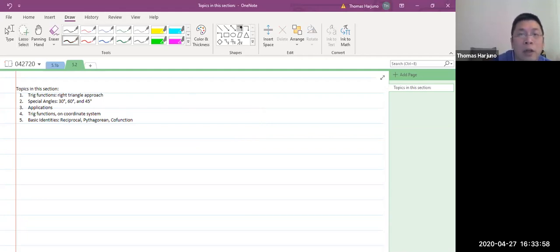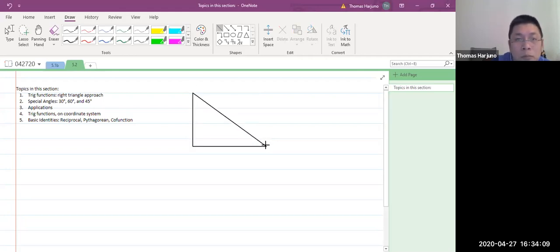Suppose we have a right triangle and the angle of one of the acute angles, let me call that theta. Okay, now let's say we have this right triangle with angle theta. Then here's the definition.